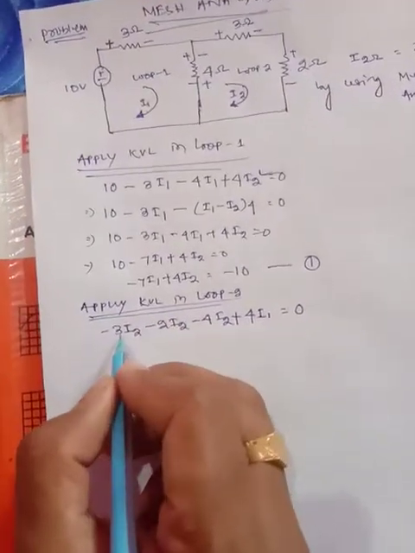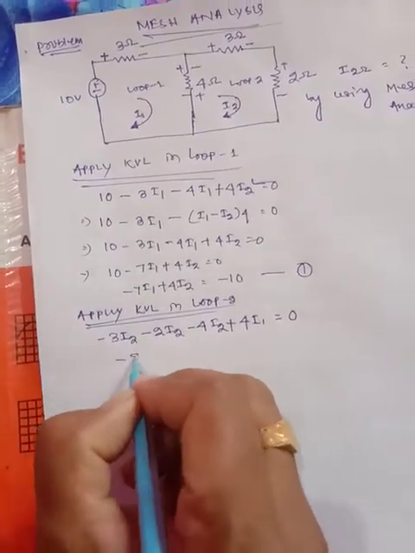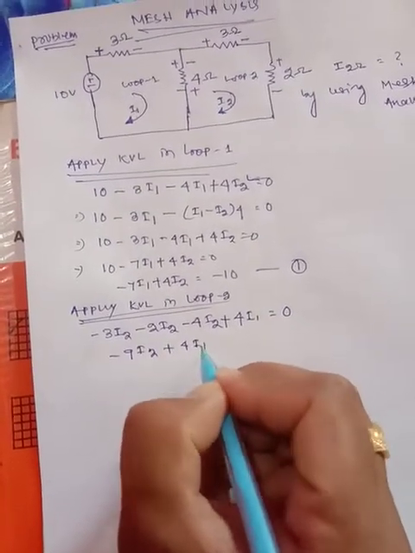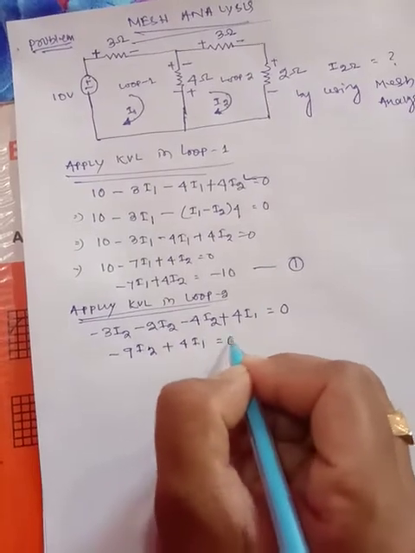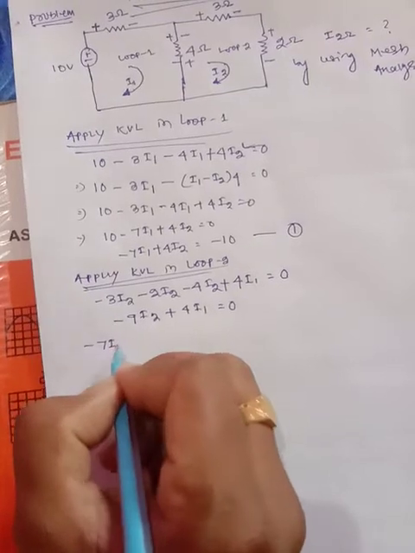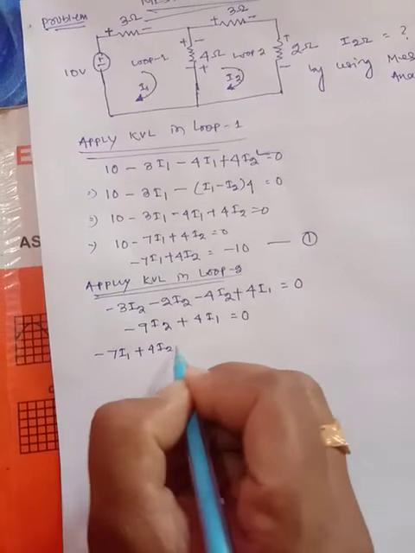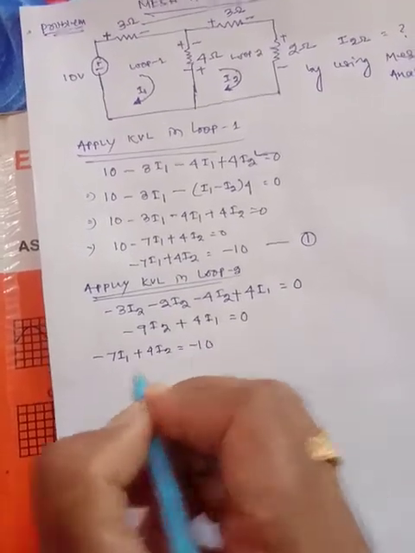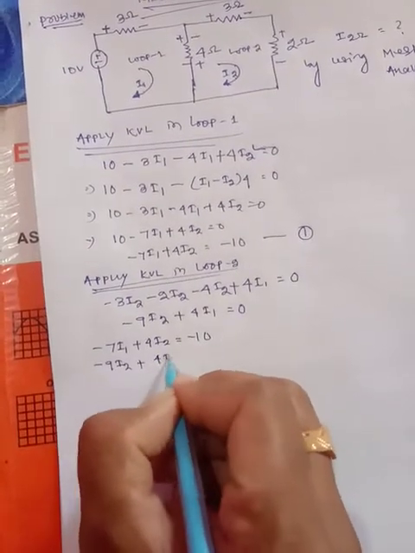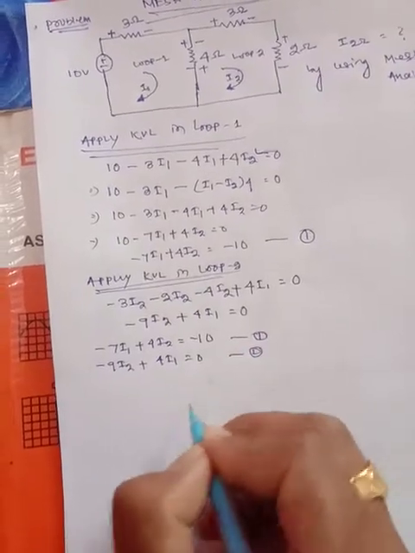So 3I2, 2I2, 4I2, that is minus 9I2 plus 4I1 equals 0. So we got two equations: minus 7I1 plus 4I2 equals minus 10, and minus 9I2 plus 4I1 equals 0. That is equation 1 and equation 2.